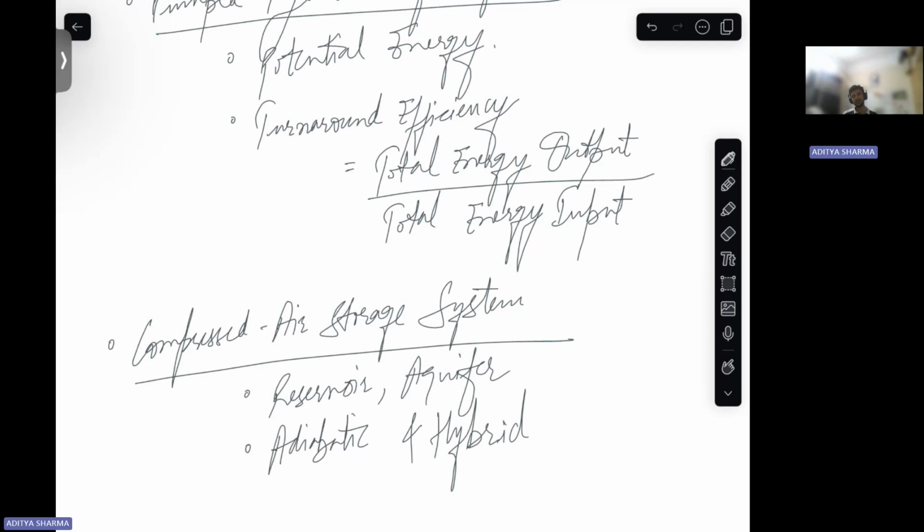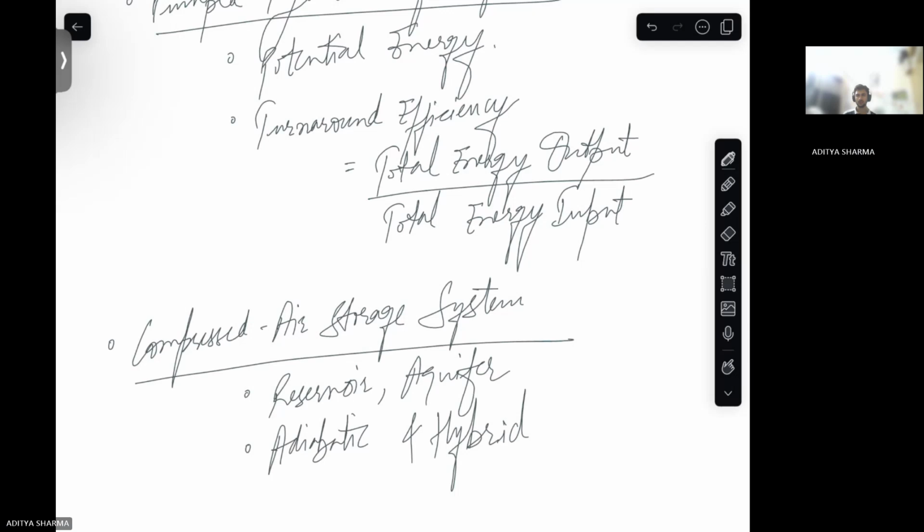So when you have extra energy, if you see this power plant system, what you do through your compressor, you get your air compressed, and you save it in some reservoir. Okay, but there is one point to note, that is when you compress air, it gets heated.